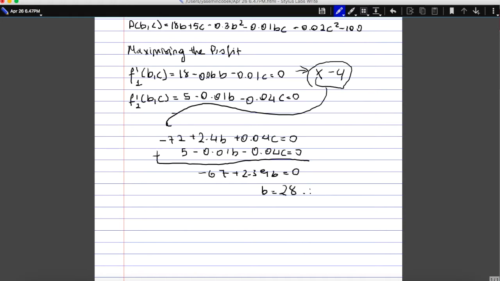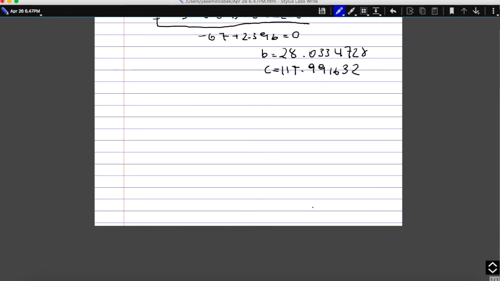So after doing the math, we get that B is equal to 28.03 rounded up, and C, by replacing B into the equation, gives you 117.